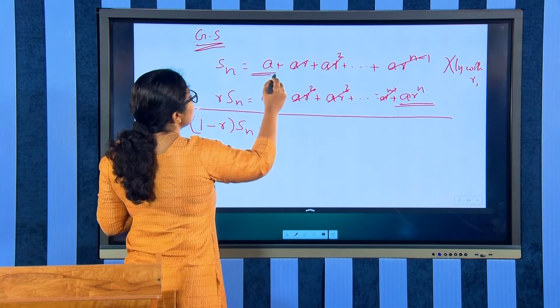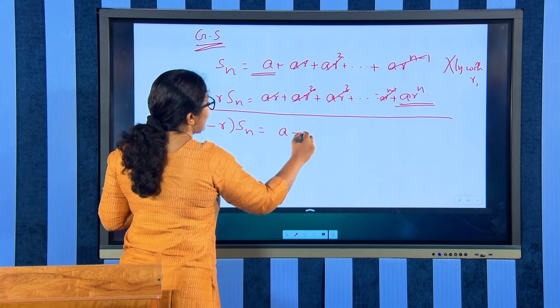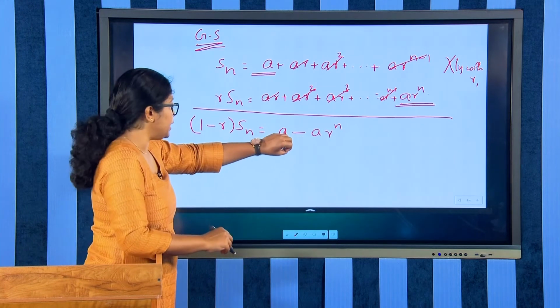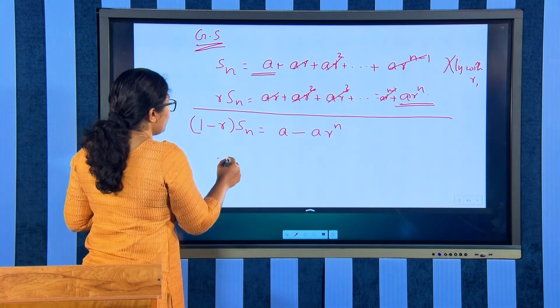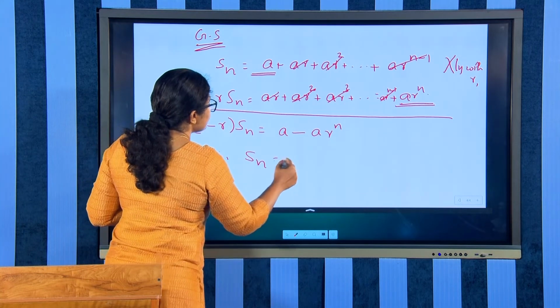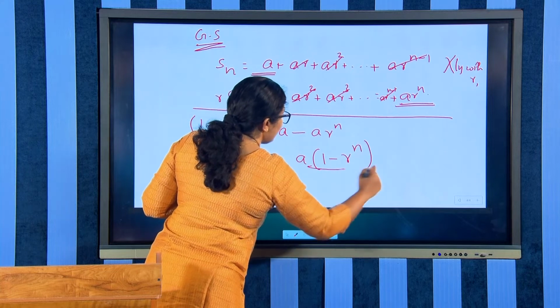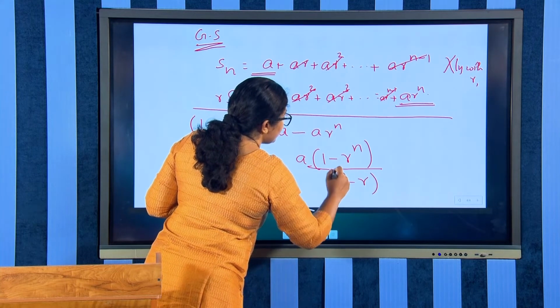So only these two terms remain, that is A minus AR power n, we will be getting finally. Therefore we can write Sn as A into (1 minus R power n) upon (1 minus R).